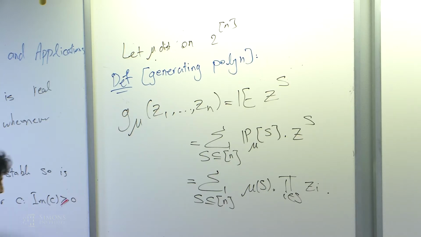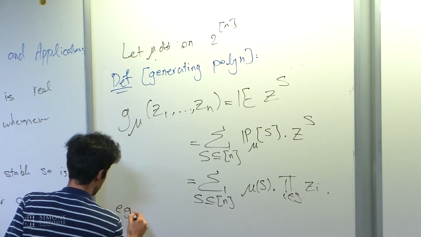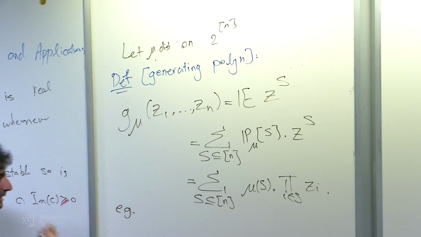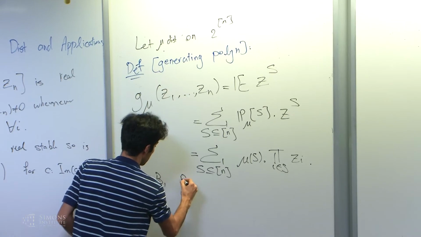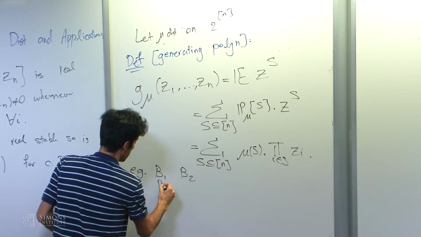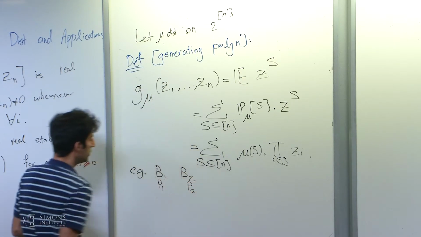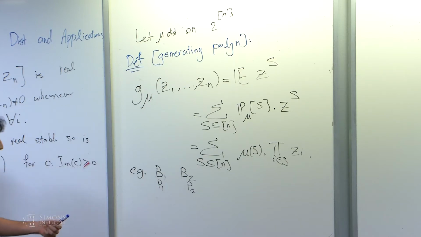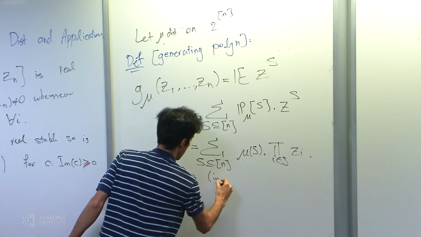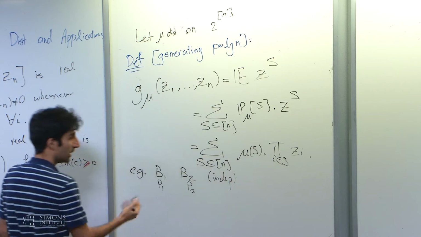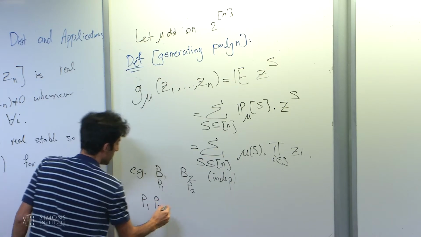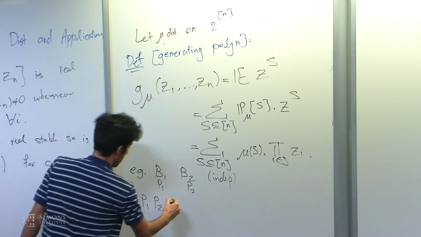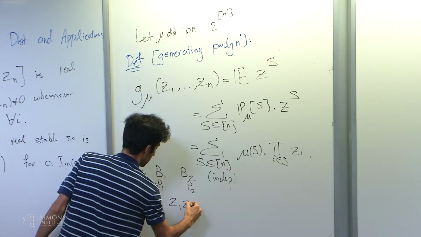Let me do an example. Let's say you have two Bernoulli random variables, b1 and b2. Let's say b1 has prior p1 and b2 has prior p2. These are independent. I want to write down the generating polynomial of this distribution. With probability p1 times p2, they both come up heads, so I get z1 z2.